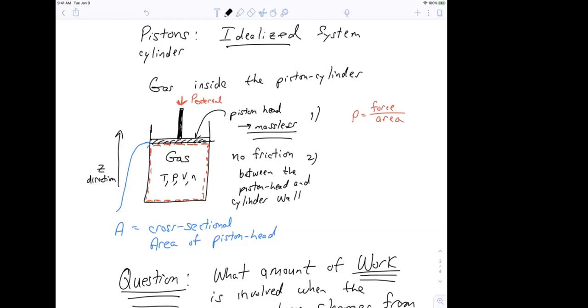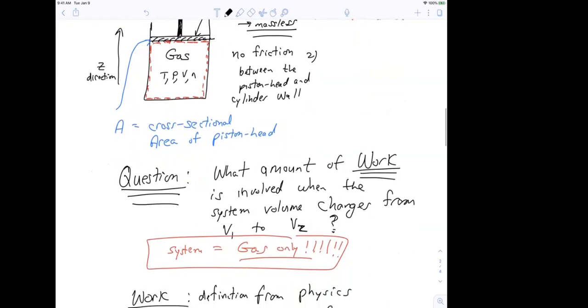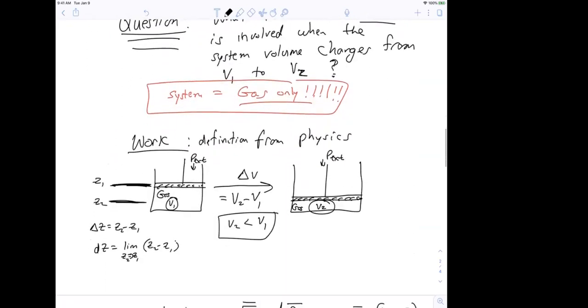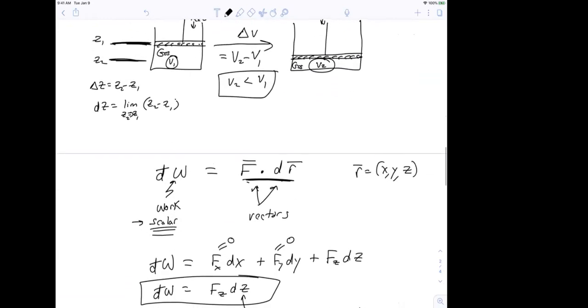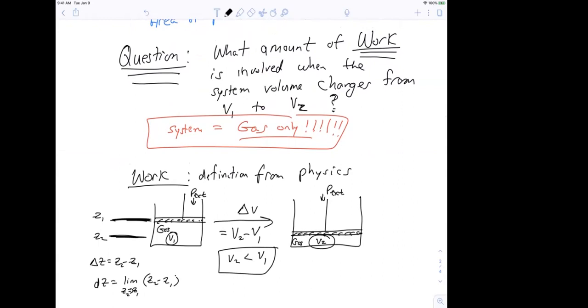Okay, so we discussed all of the setup for the gas cylinder here. I'm not going to go through it. Just to note that it is an idealization. Our system is the gas. And we saw that the question that we posed is what amount of work is involved when we compress the gas, in this example, from some initial volume V1 to a final volume V2.